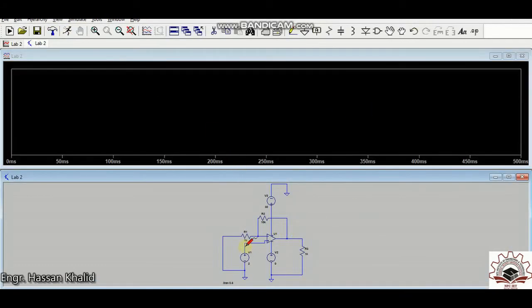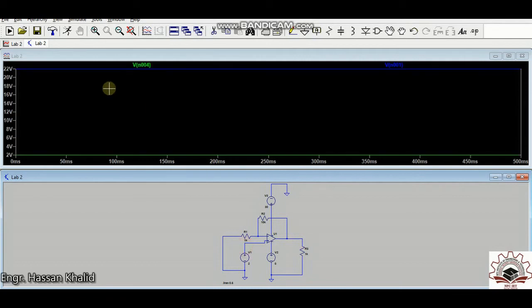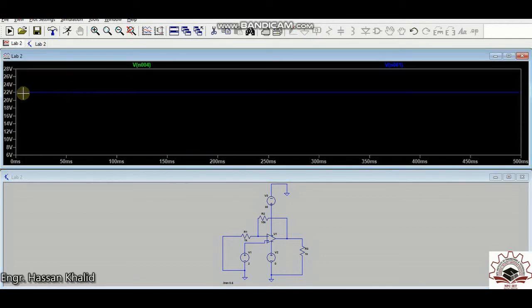This one is the input and this one is the output. So you can see that the output is exactly 22 volt because it is lying under the rating of your biasing value. So we are now clear about the importance of biasing.